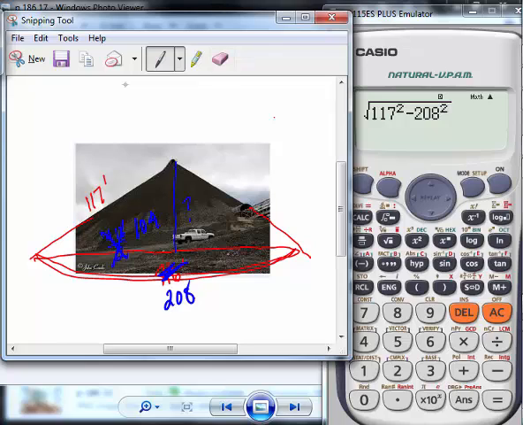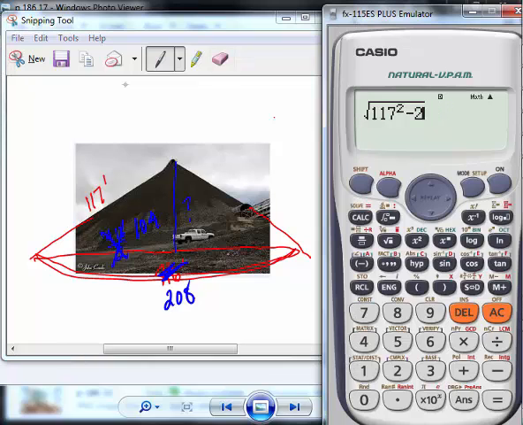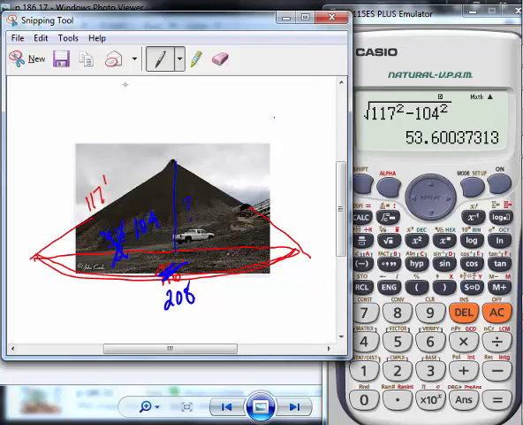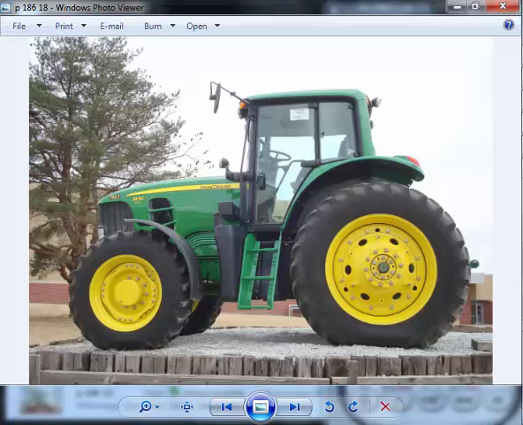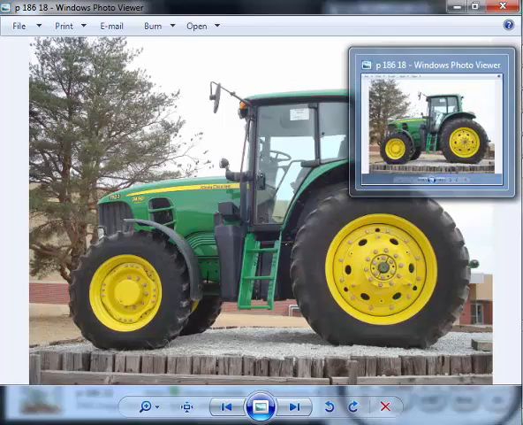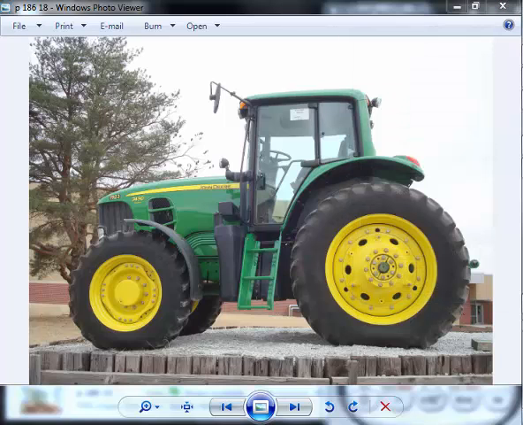So let's do 104 squared, and we get about 54 feet tall. Next one. We want to know what the distance is between the axles on this pickup, or this tractor.